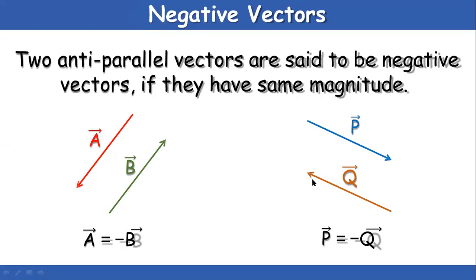Similarly here also they are in opposite direction but the magnitudes are the same. Magnitude of A is equal to magnitude of B, but the direction, if I see, B is exactly the reverse of this A. It is exactly in opposite direction to vector A.